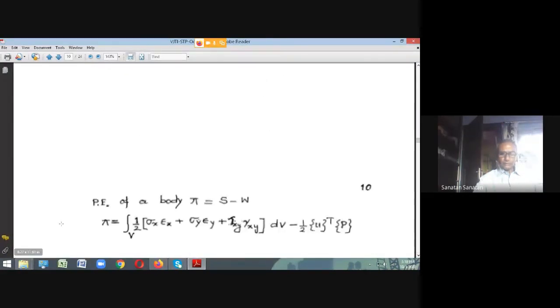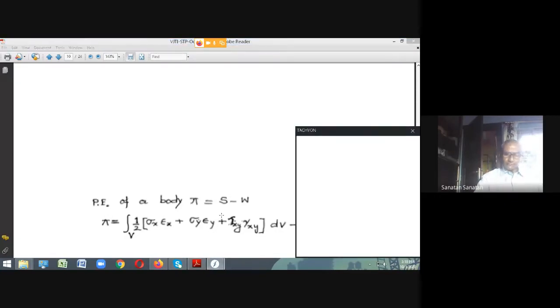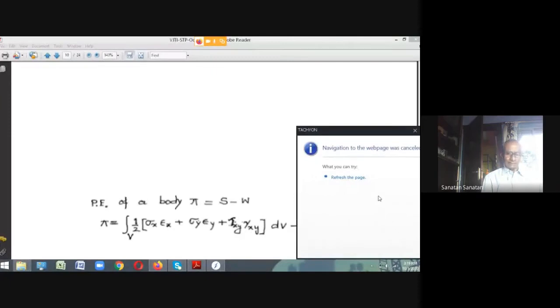And therefore, you see the potential energy of a body, pi, is defined as the strain energy minus the work done by the external force. Please remember this, it is very important. The strain energy of deformation is given by U, the work done by the external forces is given by W, and the potential energy, the energy which is available after we release the loads, is given by strain energy minus work done by the external force.